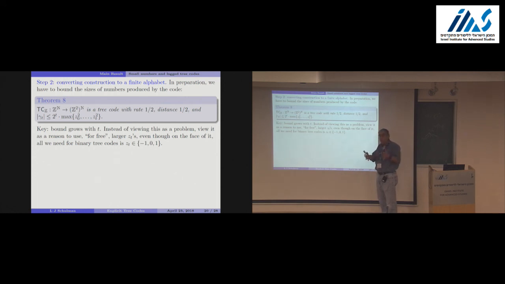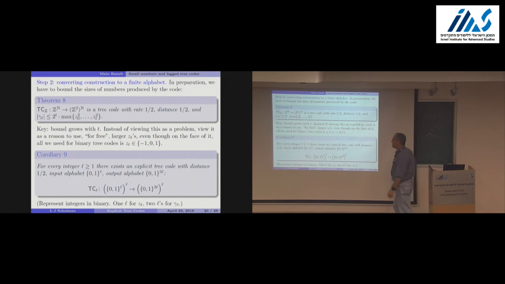I can batch up t of them. So I could make these numbers much larger without losing any efficiency at all. For binary tree codes, we wouldn't have needed anything but minus 1, 0, and 1, but we're going to batch them together, and we'll get a weaker object, and we'll see how the complexity works out.